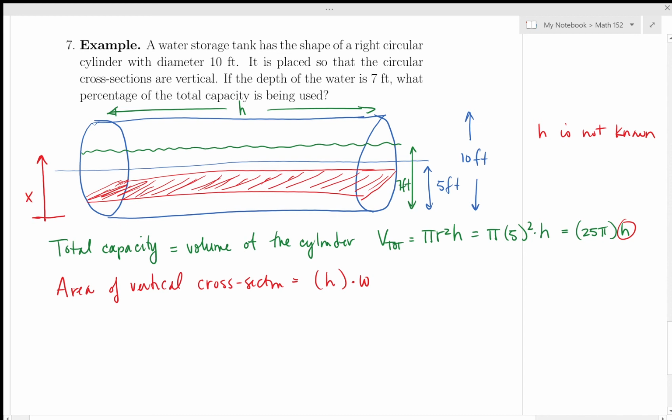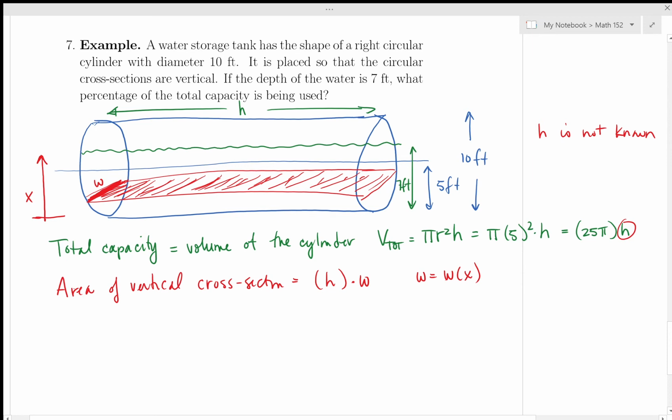This area that we have here is a function of the width, which is this distance right here, W, and that is dependent on where we are in the tank. So that is a function of x. I'm going to make a note to myself there: W is some function of x.